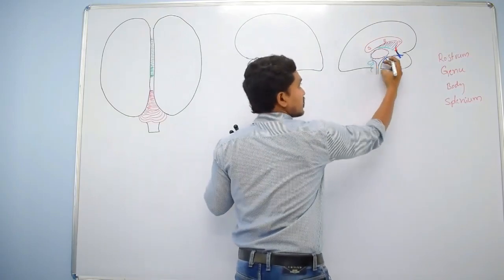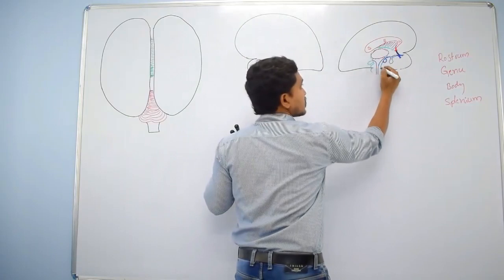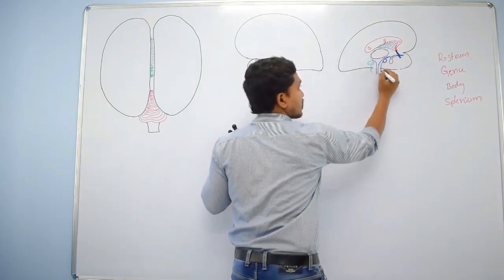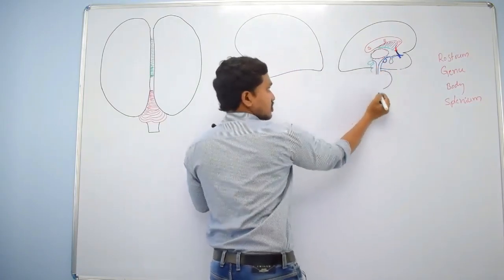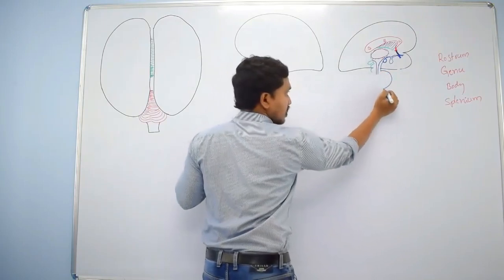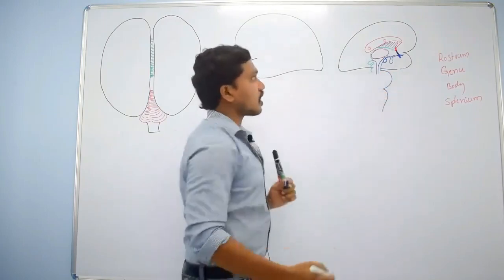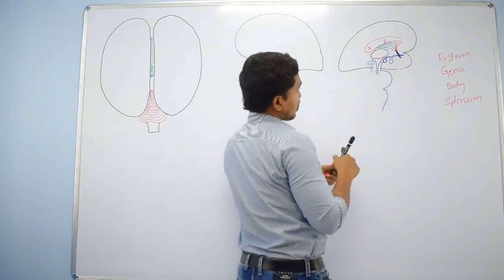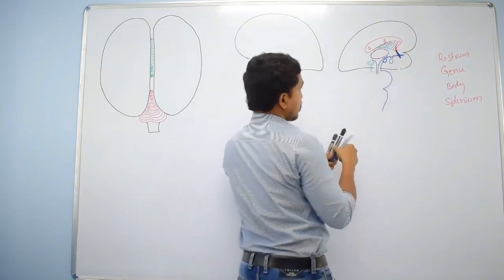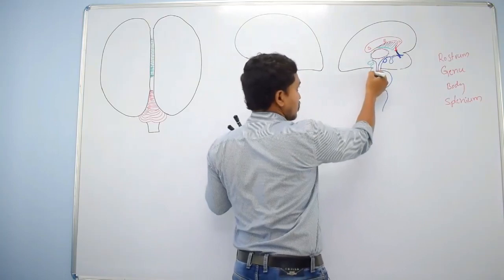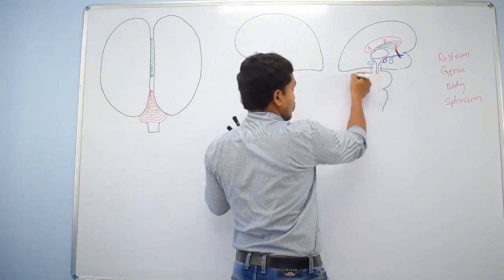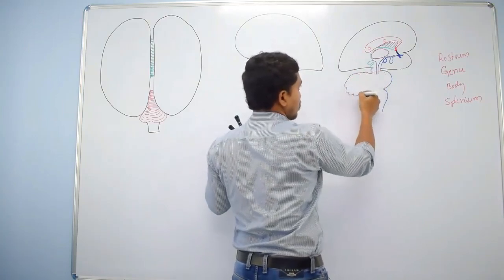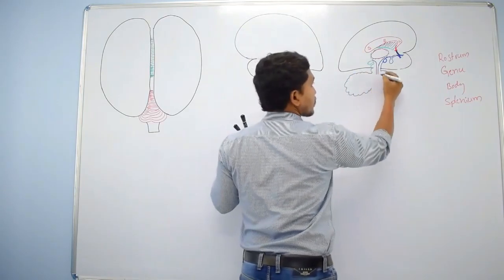After the midbrain, actually this is up to here, it is midbrain. Then here pons, then medulla oblongata. Behind what will be there? Behind we can find cerebellum, right?